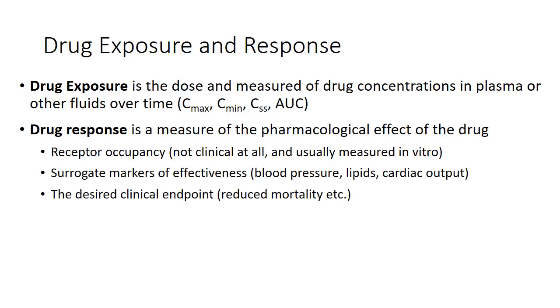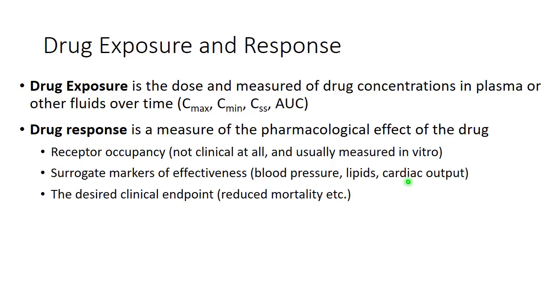Receptor occupancy, that's not clinical, usually measured in vitro. Surrogate markers of effectiveness might be blood pressure, lipids, cardiac output. I don't know how much you've talked about this yet in any class, but these things are usually considered secondary endpoints in most clinical trials, because the patient doesn't necessarily see these things.